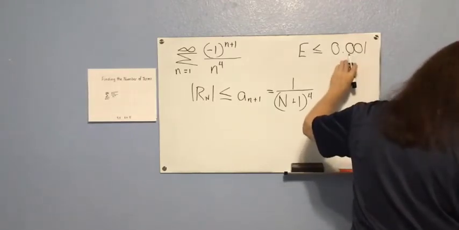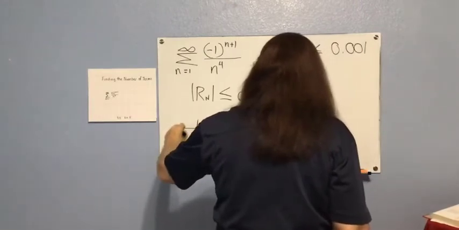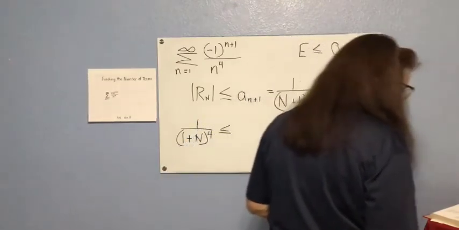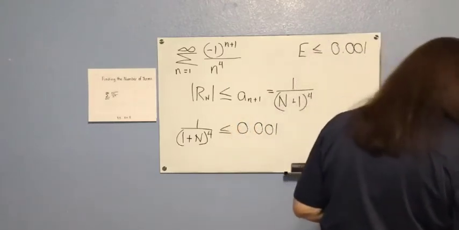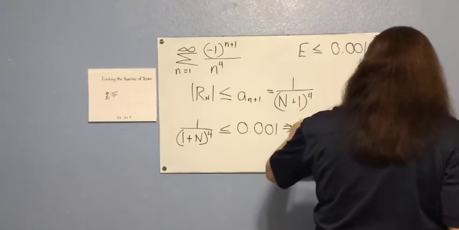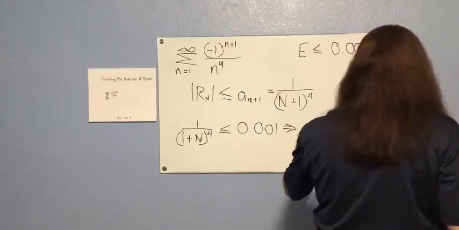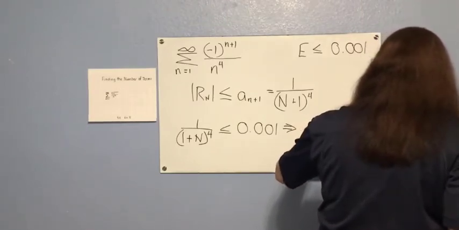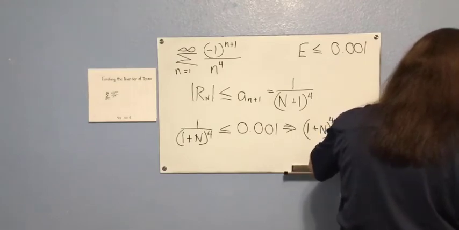So to get this error, we must satisfy that 1 over 1 plus n to the 4th must be less than or equal to 0.001, which tells us that 1 plus n to the 4th must be greater than 1,000.